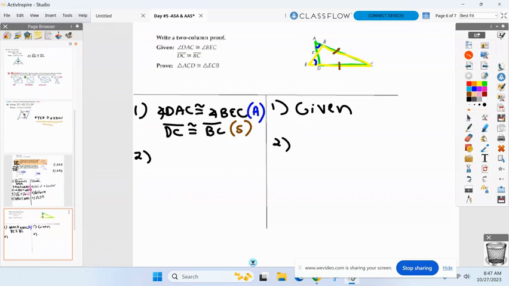So look around that diagram. Is there anything maybe you see, maybe somebody in your group sees? See if you can find anything.